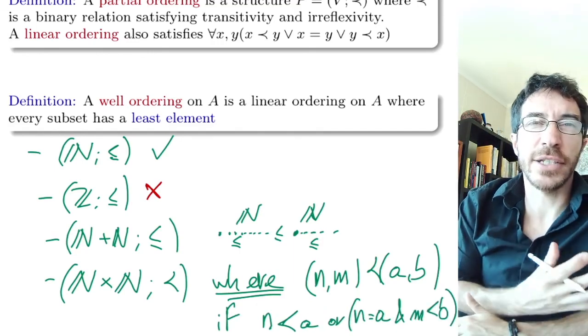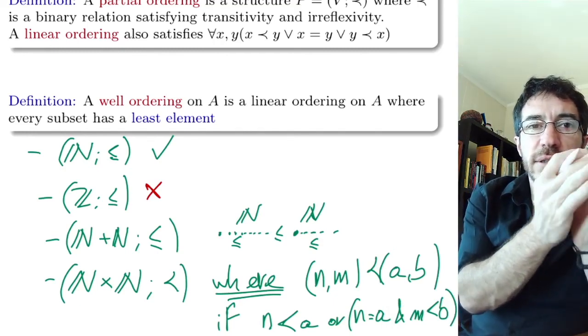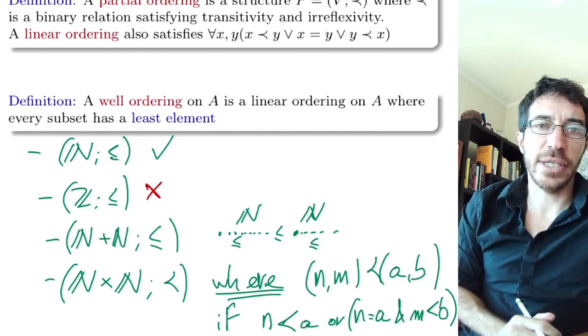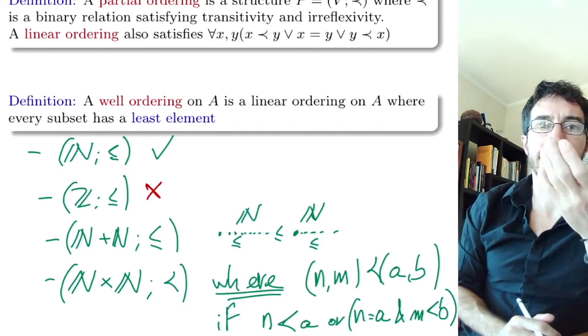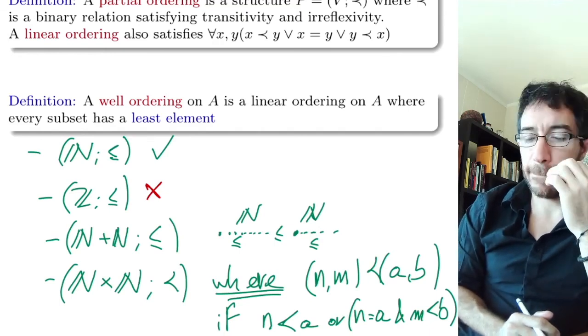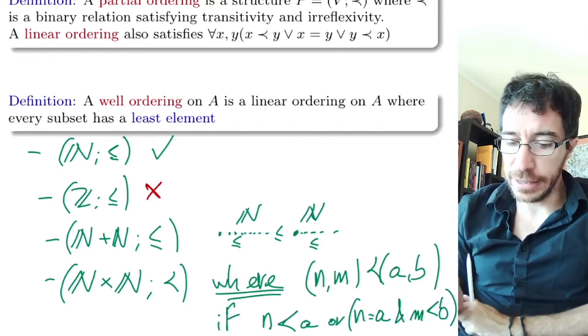You first compare n and a. If you get a comparison, that's it. If those are equal, then you look at the second coordinate. So that's an ordering, and that is a well ordering on n cross n.